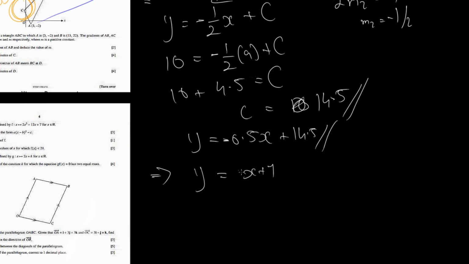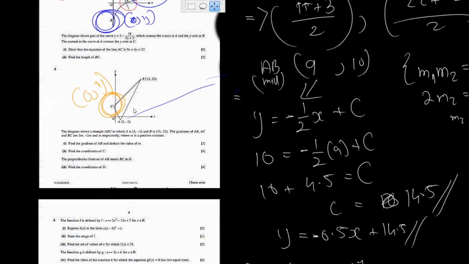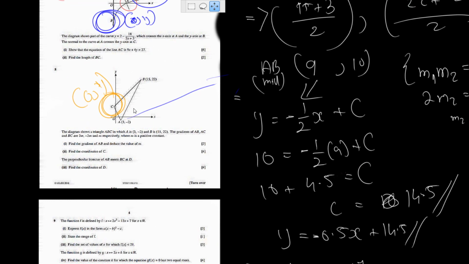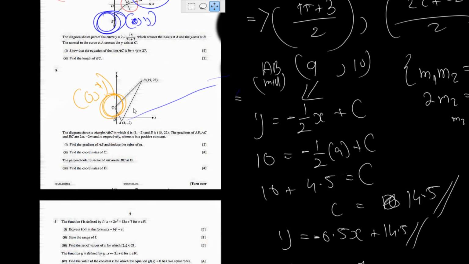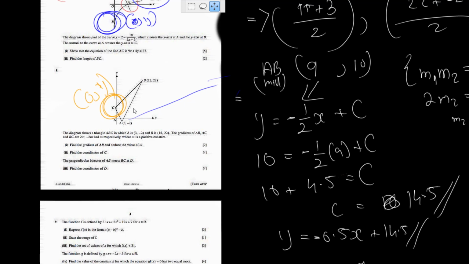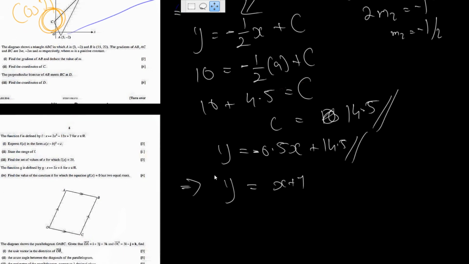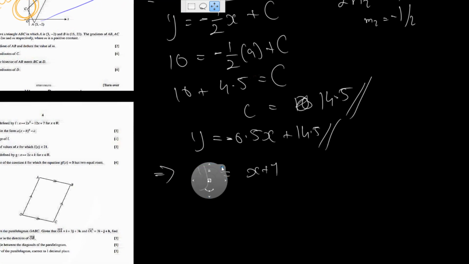Again, I'm just using my standard method to find the equation of the line B to C. In the question itself, the coordinates of B are given, the coordinates of C are given. You have to use the expression y is equal to mx plus c. M for B to C is simply 1, so y is equal to x plus c. You can substitute the coordinates of B into y and x and find the value for c. If you do that, you will get c to be 7.